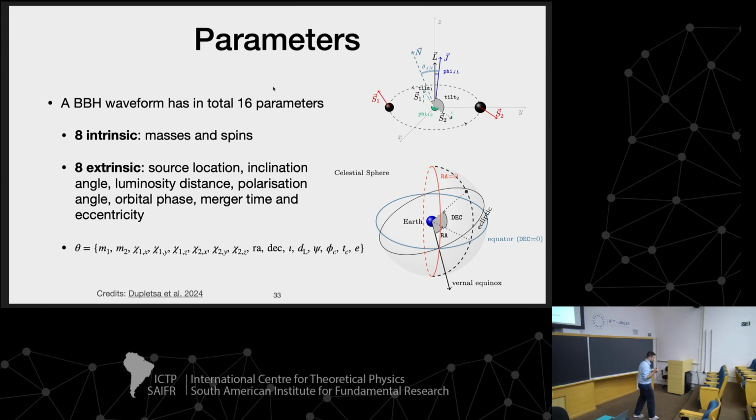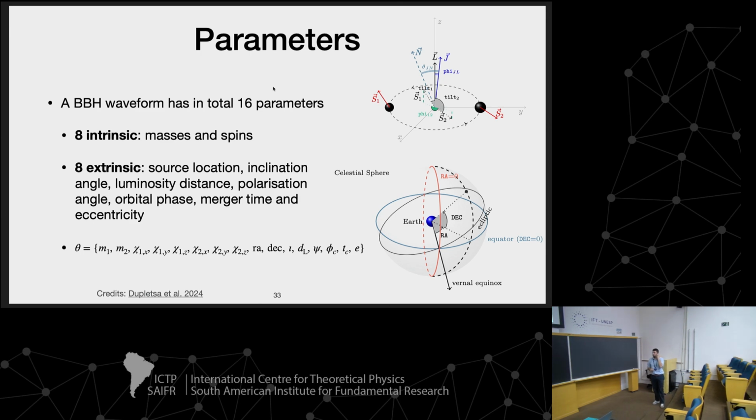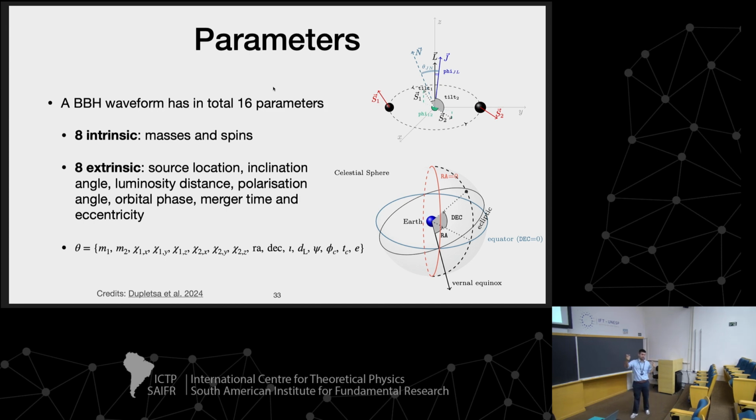A gravitational wave is defined by many parameters. I just showed you the two masses. A black hole waveform has in total 16 parameters. 8 intrinsic parameters, which are the masses and the spins. Spins are vectors, so you have 3 components per each spin. And 8 extrinsic parameters, which means the source location in the sky, inclination angle, luminosity distance or redshift, polarization angle, orbital phase, merger time, and eccentricity.